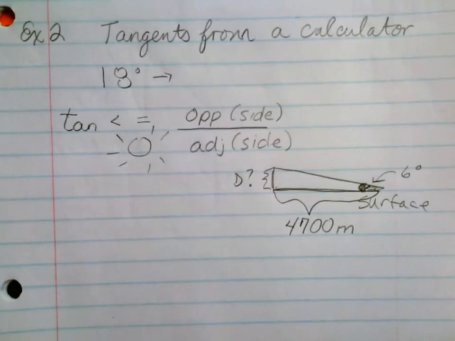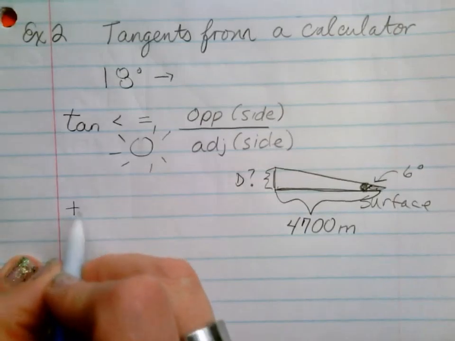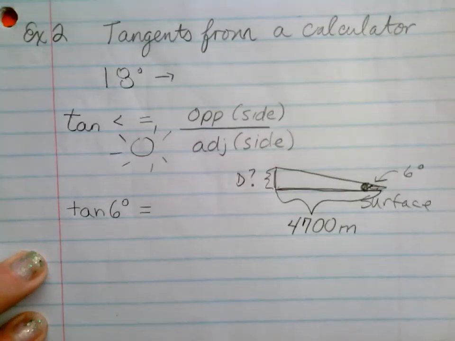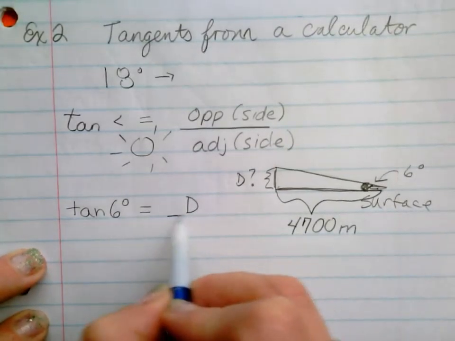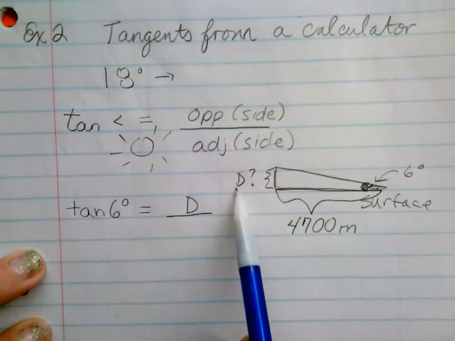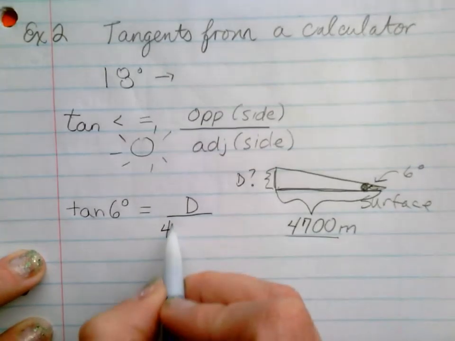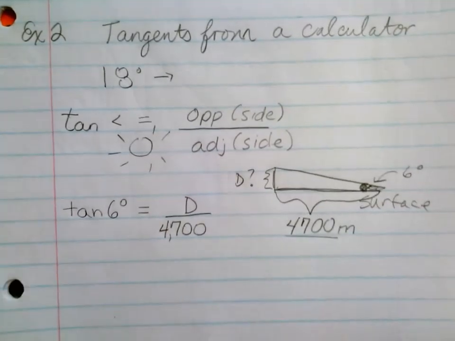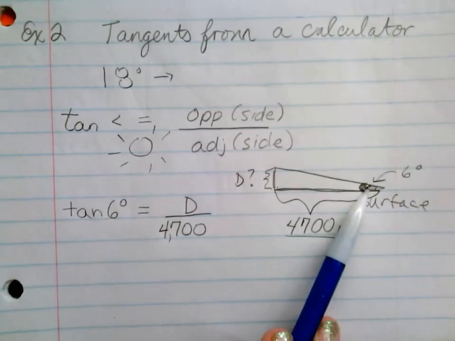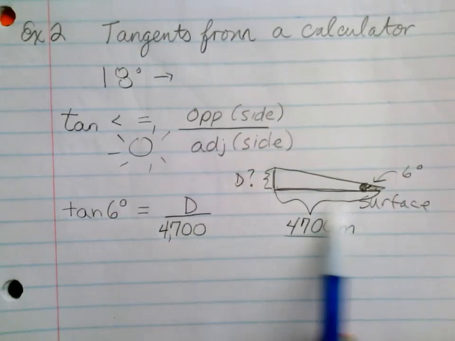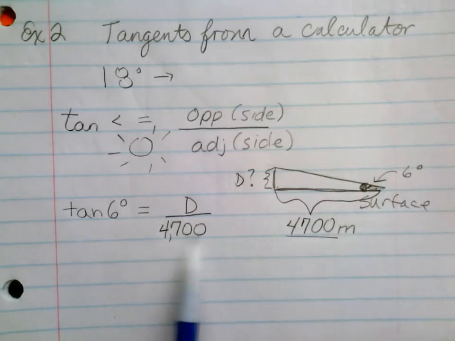I'm going to find the tangent of the angle in question, and equate it with the opposite side's length, which we don't know, over the adjacent side's length, which we do know. The side opposite is the height of the crater, which we don't know, and the side adjacent to the angle we do know.